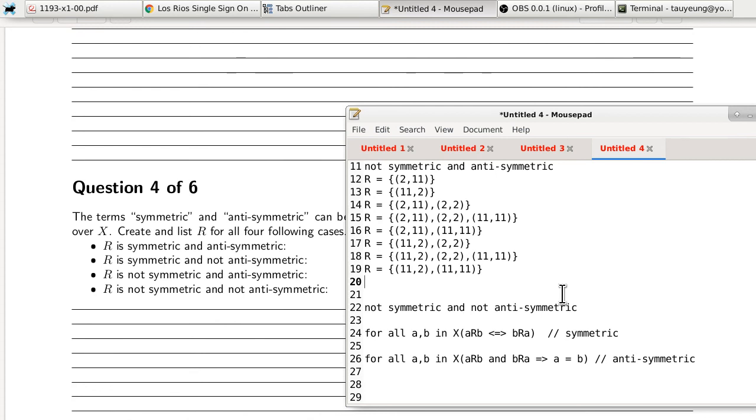Now, to make it not anti-symmetric, we need this to be false. And the only way to make an implication false is to have the first part true but the second part false.